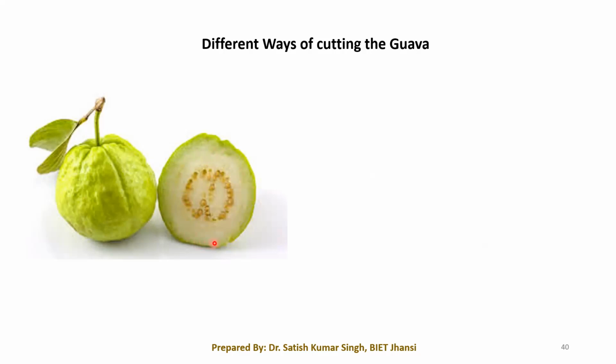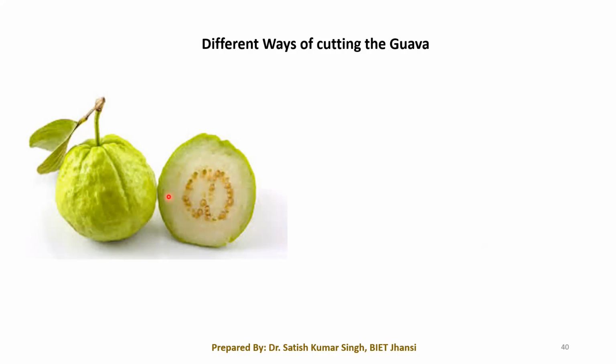Okay, so try to understand the question. I had this guava, and if I cut it vertically from the middle portion, then I get this type of surface, in which we are able to expose a certain number of guava seeds, and it has a particular pattern.